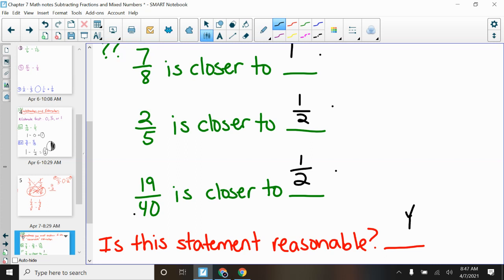So if you have 2 fractions, okay, so one of the fractions is greater than 0, and then the other one is less than a half. The smaller fraction is subtracted from the greater fraction.